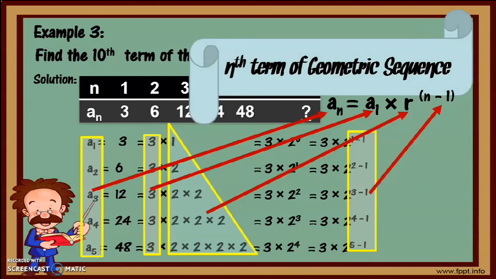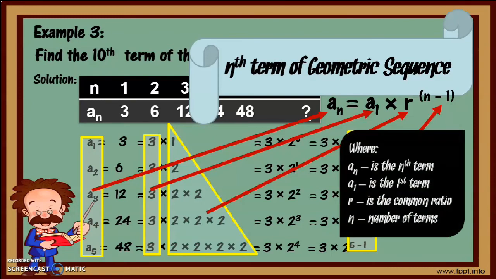So, this is how you find the nth term of the geometric sequence, where a sub n is the nth term, a sub 1 is the first term, r is the common ratio, and n is the number of terms.